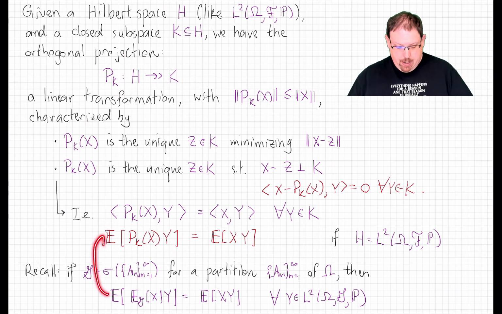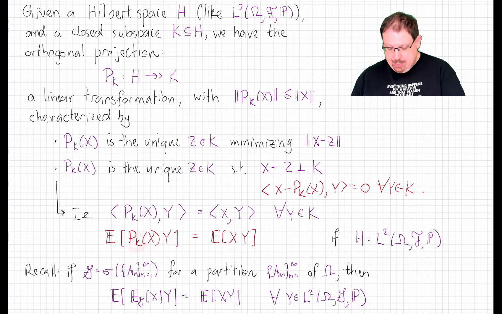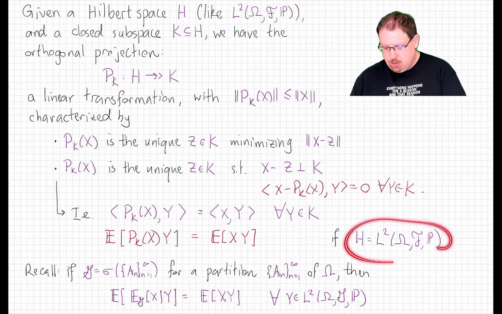So these two would match up exactly, and we could conclude that in fact this conditional expectation is just the orthogonal projection if that K, that space there, is a closed subspace of this Hilbert space.